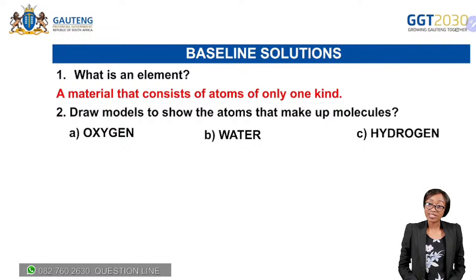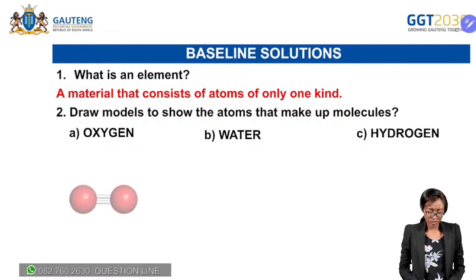Now, the second question required you to draw models to show the atoms that make up molecules. The first one is oxygen, the second one is water, and the third one is hydrogen. Let's look at the first one, oxygen.